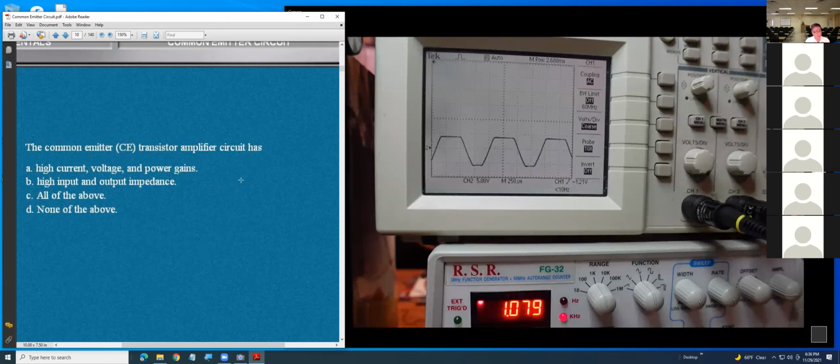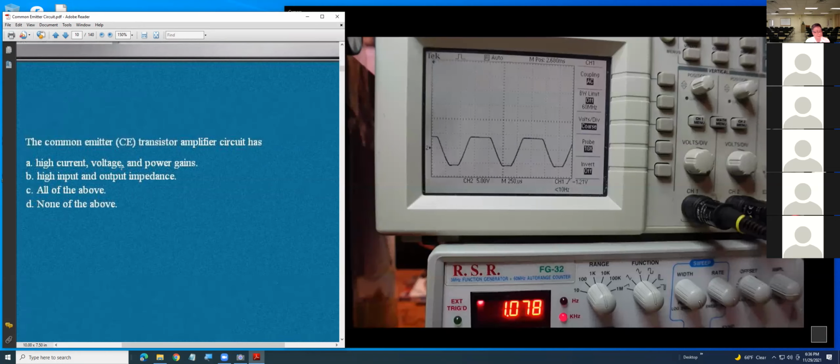If you want more output voltage or current or power, then you must use the CE amplifier. You have CE, CB, CC. Only that one will give you high current, and also a high input and output impedance. So the answer will be C.